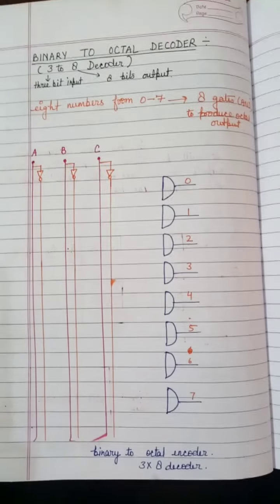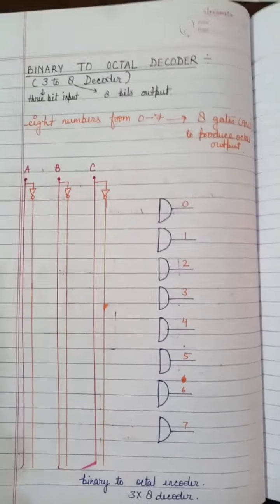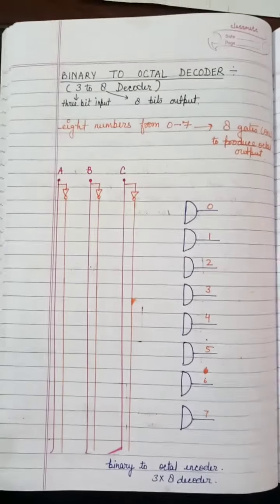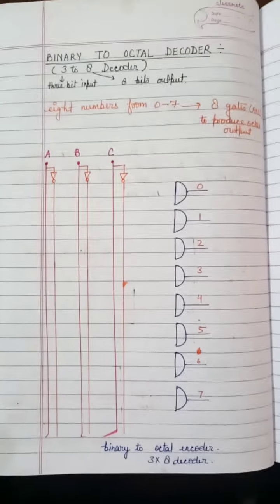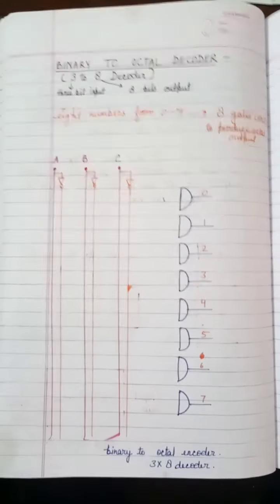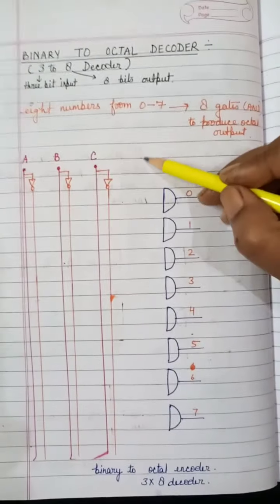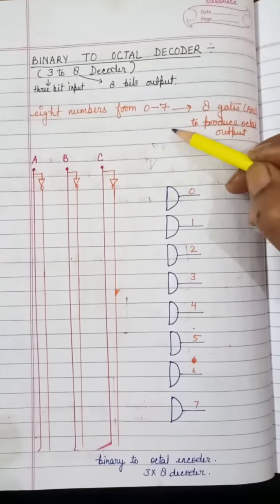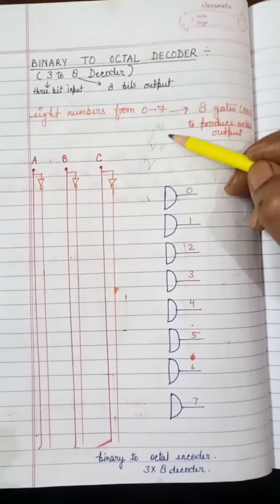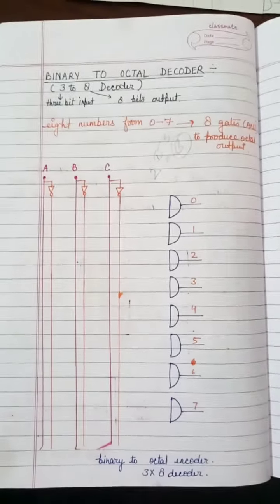In the octal number system, how many digits are there? 0 to 7, which means a total of 8. So if 3 input lines are there, there will be 8 output lines. With 3 input lines, 2 to the power n, where the value of n is 3, you will get 8 output lines.